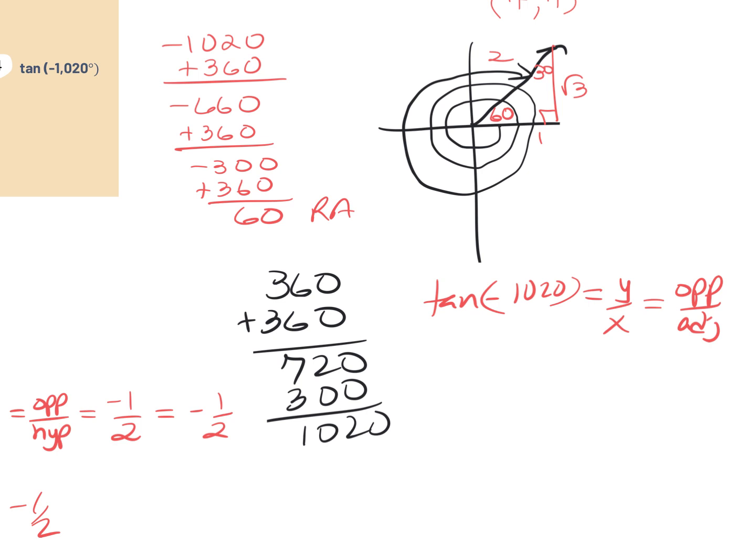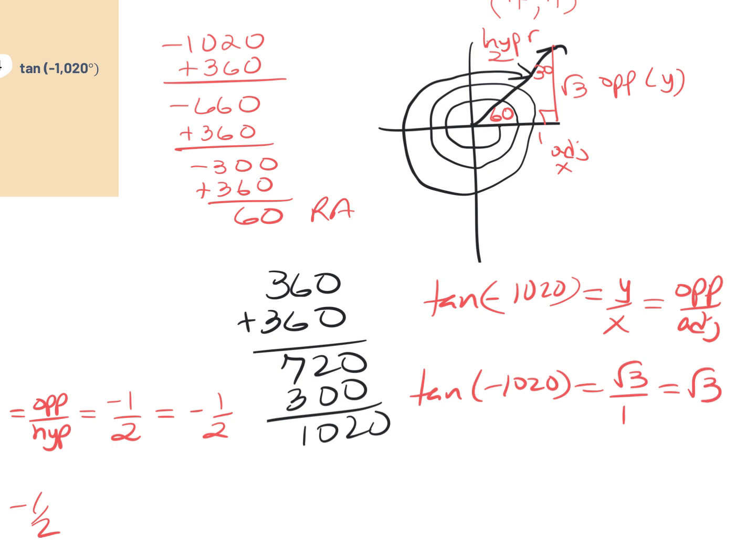So this would be my opposite or my y. This is my hypotenuse or my r, and this is my adjacent or my x. So tangent of negative 1020, my y value is the square root of 3, my x value is 1, simplifies just to the square root of 3.